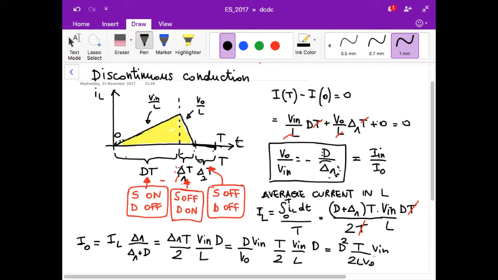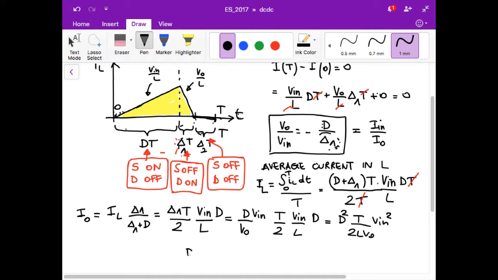Now the only thing which is important for me now is that all these quantities, this is V in square, all these quantities are constant, and therefore the relationship between D and IO is the following one. D is proportional to the output current to the square root. So again, while in continuous conduction D is independent of the output current, in discontinuous conduction D is proportional to the square root of the output current when all the other quantities are fixed.